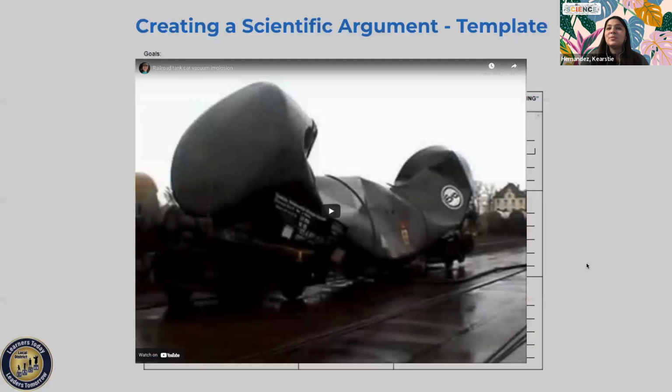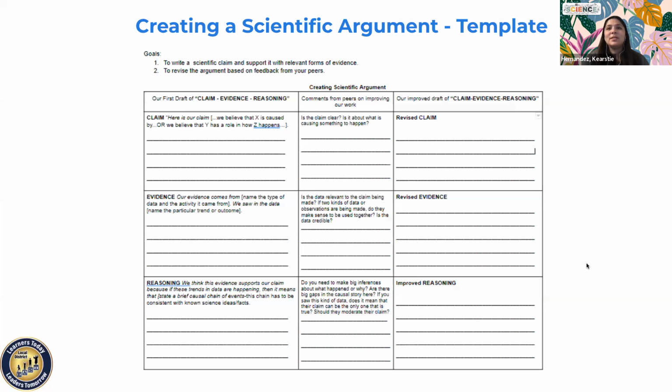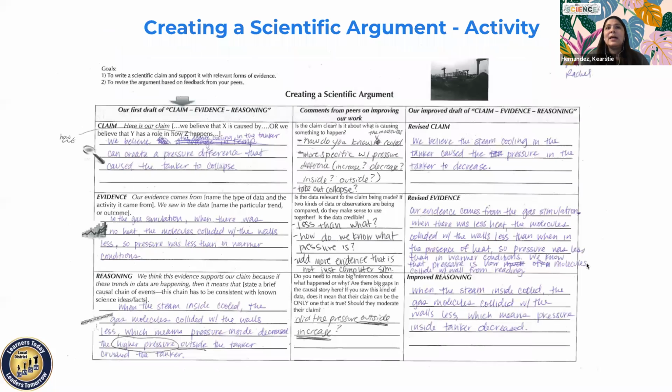All right, so students would have viewed that video and gone through a series of lessons that they then created a claim evidence reasoning for, got comments from their peers on their work, and then revised their claim evidence reasoning. And again, this is in the slide deck, so maybe if you want it to be closer, I know sometimes it's hard to see on the shared screen, but you can see how detailed the evidence became, the explanation of evidence.